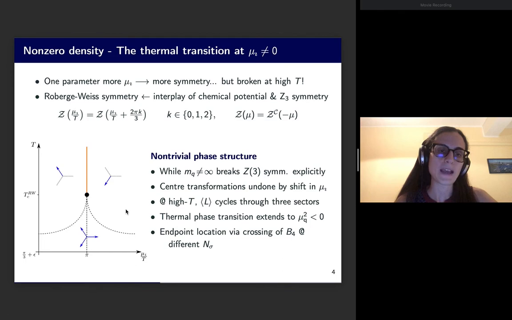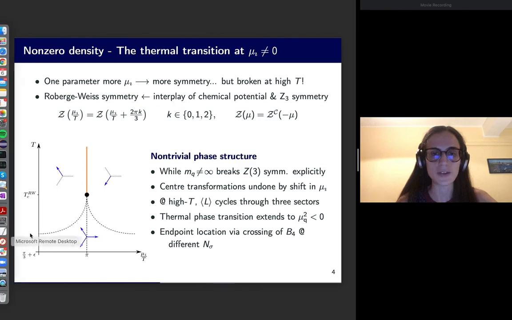And another important point is that the thermal phase transition, which basically continues from the first order Roberts-Weiss line through this black dot, which is commonly referred to as the Roberts-Weiss endpoint, and then continues towards mu equals 0, also extends to real positive values of the quark chemical potential.